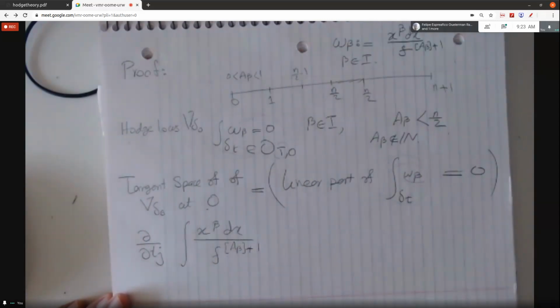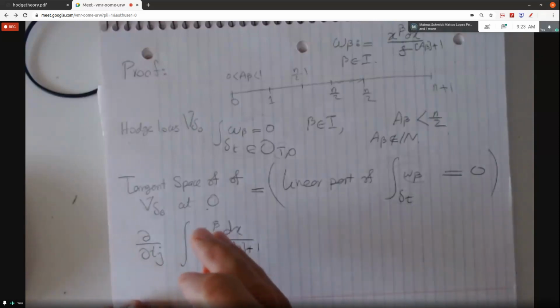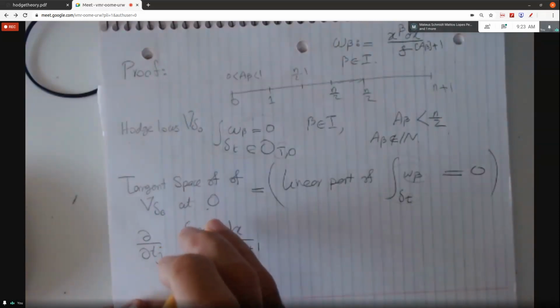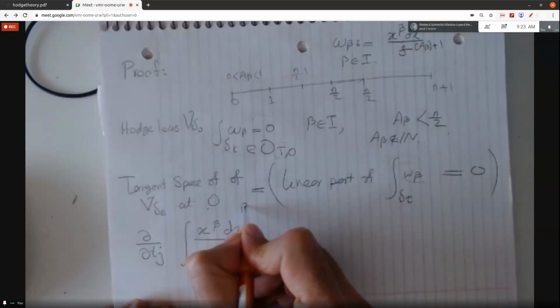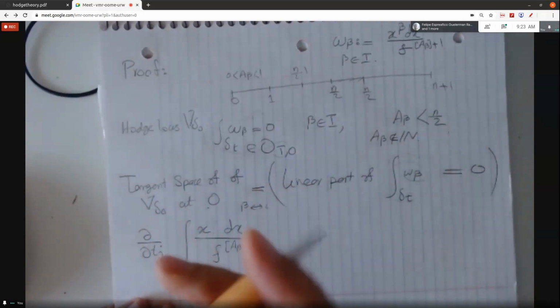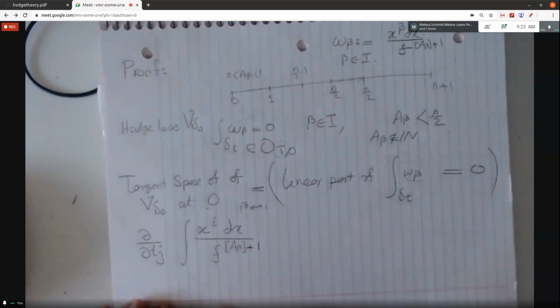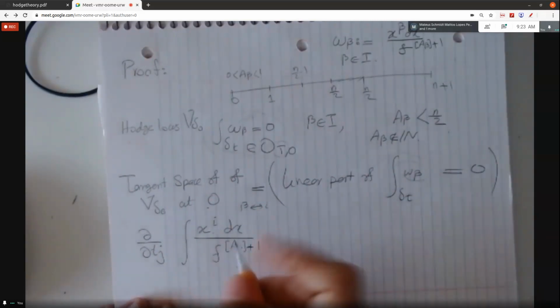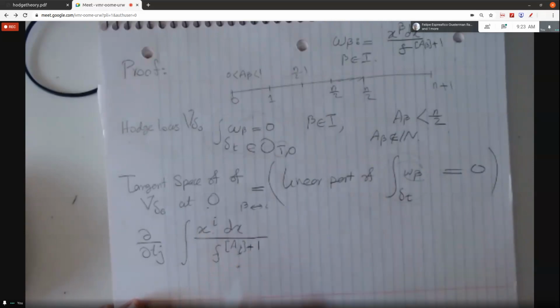Maybe in order to get the matrix Pij, I will change the notation from beta to I. So in order to compute the linear part, I have to make the derivation with respect to Tj.